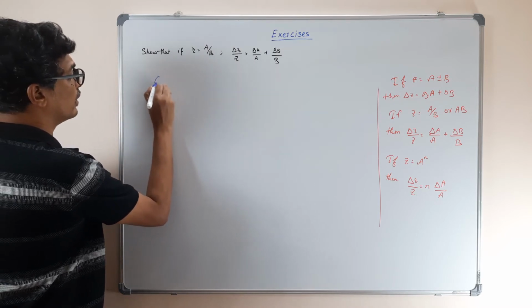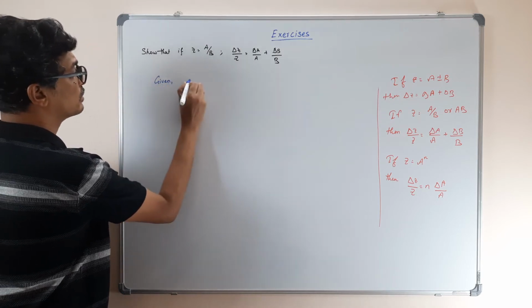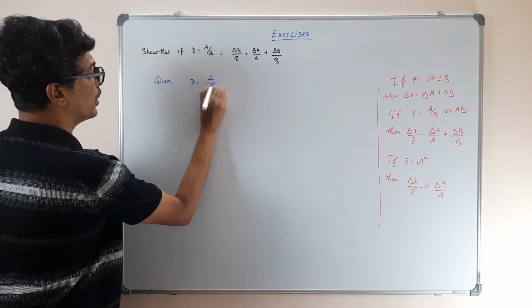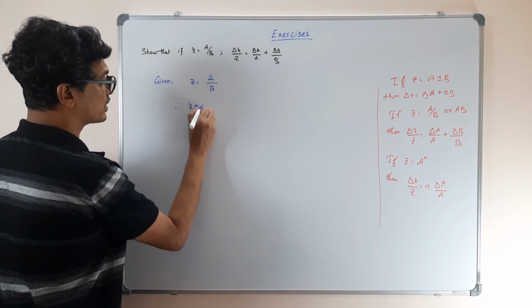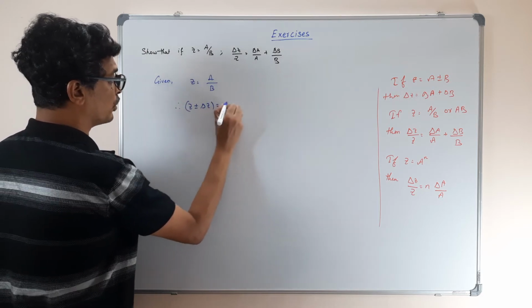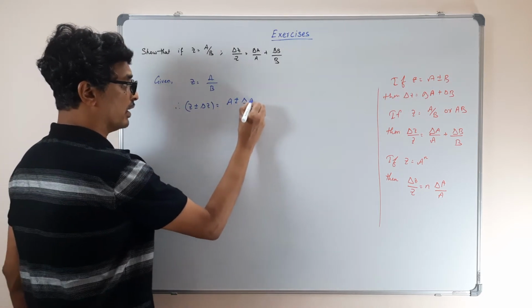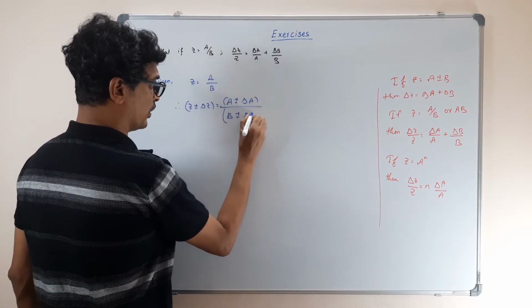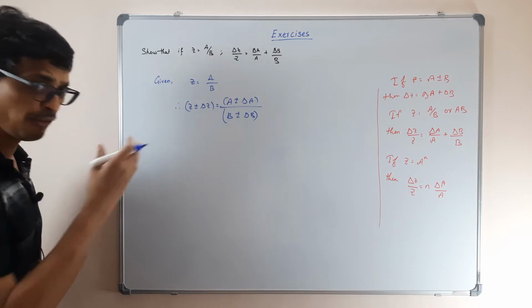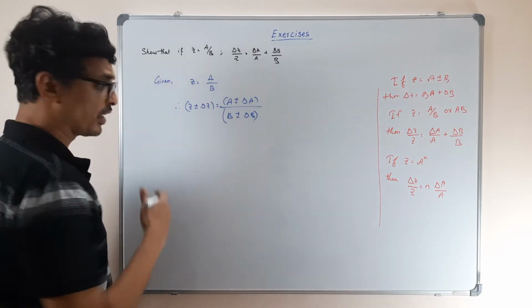The answer is given. What is given? Z equal to A by B. Therefore, Z plus minus delta Z will be equal to A plus minus delta A by B plus minus delta B. Okay, this is the way we did for the product also, AB also, the same way we can do.